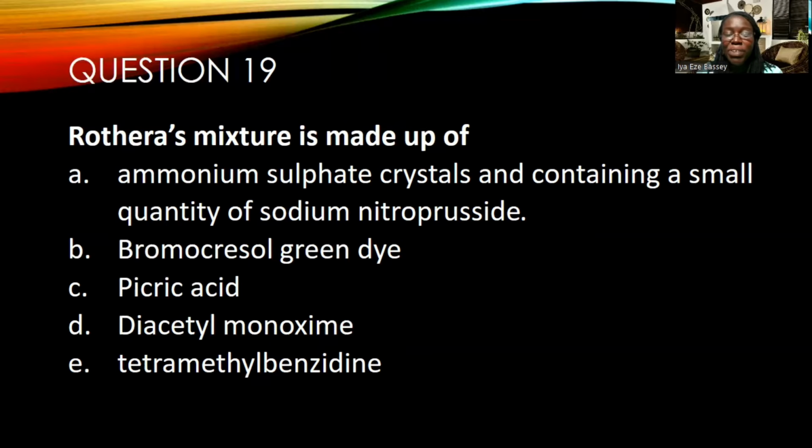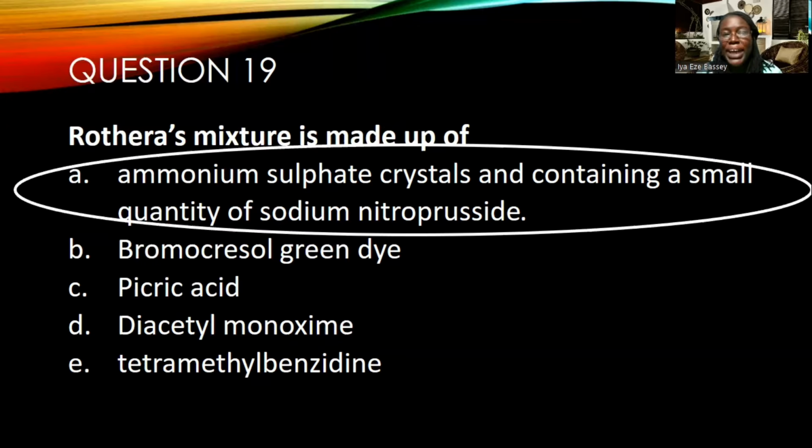Bromocresol green dye is for measuring protein in blood. Picric acid is used as a reagent in creatinine estimation. Diacetyl monoxide is used as a reagent in urea estimation. Tetramethylbenzidine, what do they use it for? It is for developing color during ELISA when you're using microplate wells. So I would go with A.